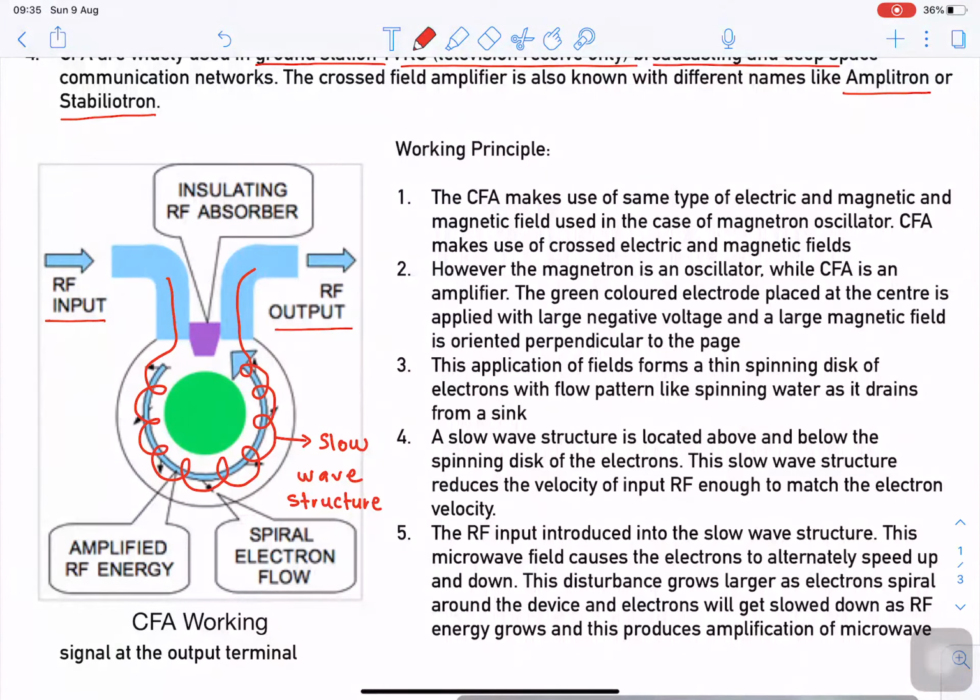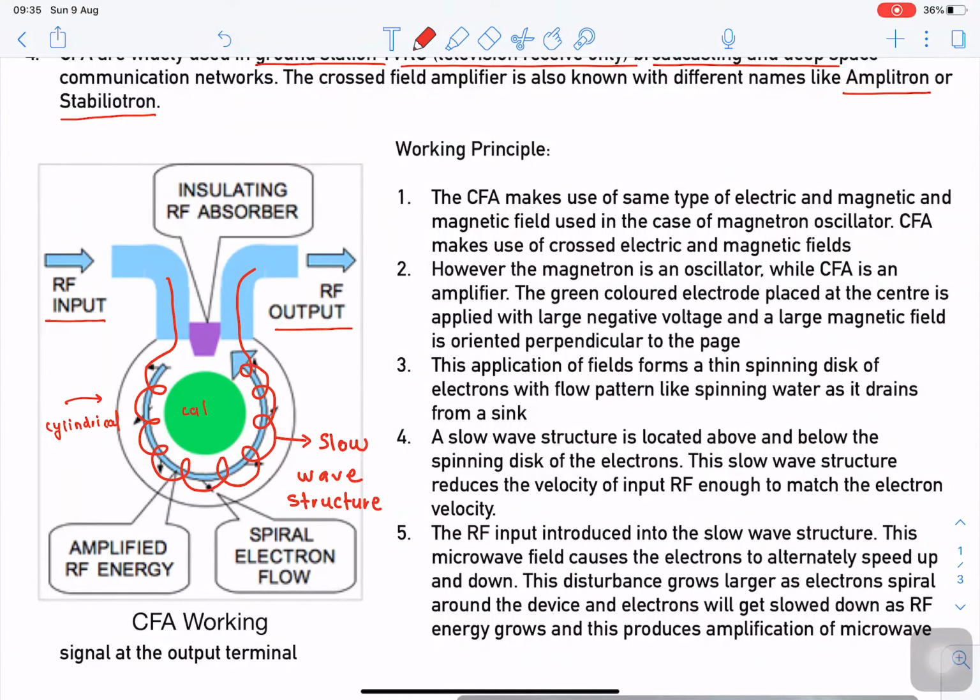So it has a cylindrical shape of cavity, so we can say this is a resemblance of magnetron like cylindrical structure. If you observe this particular cylindrical structure, it is taking this cylindrical structure from the magnetron, right? So at the center again we have this particular cathode.